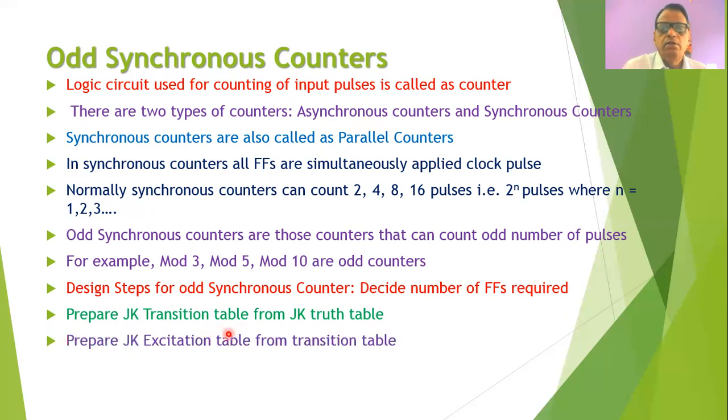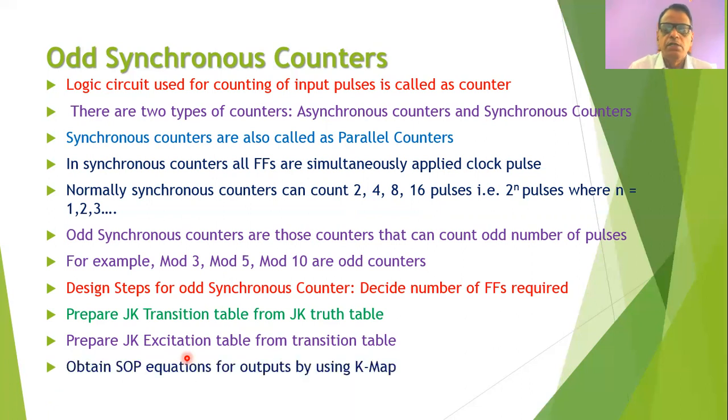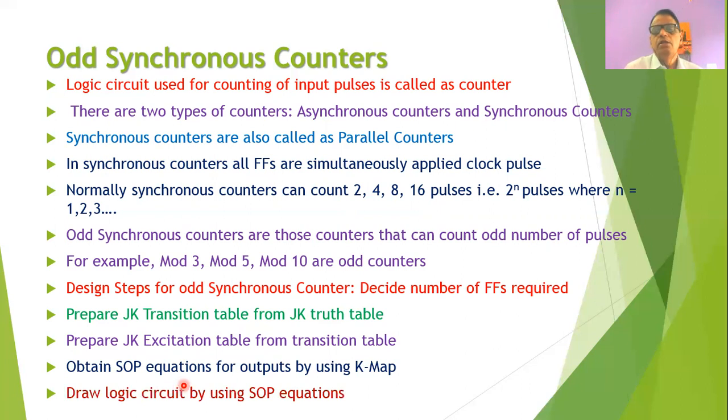Once we obtain the JK transition table, we can go for the JK excitation table. And once the JK excitation table is obtained, then from that table, by using Karnaugh maps, we can obtain the Boolean equations for each flip-flop input. And then finally, we can construct the logic circuit by making use of these equations.